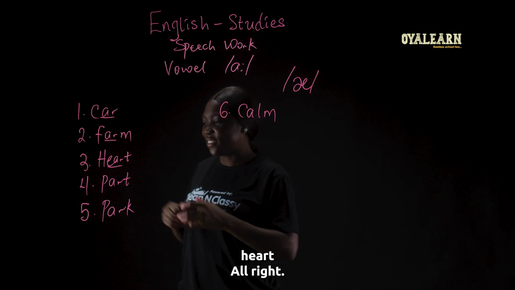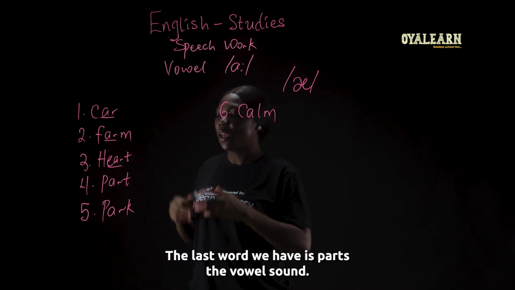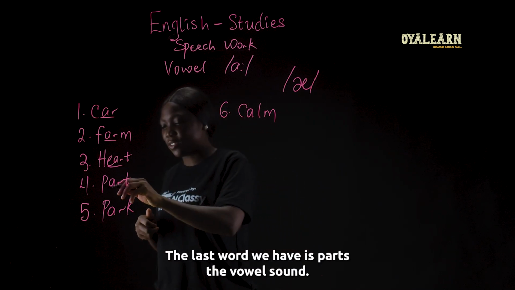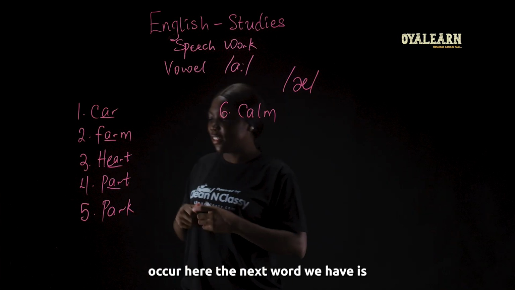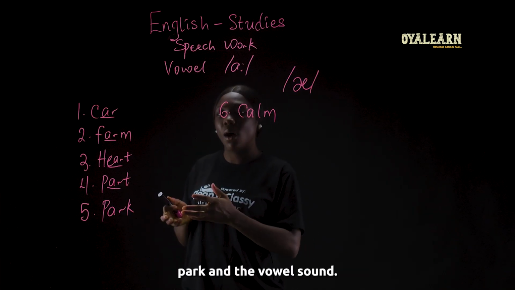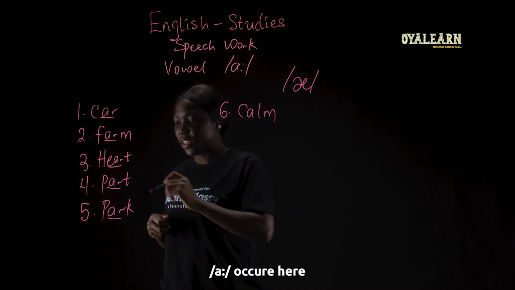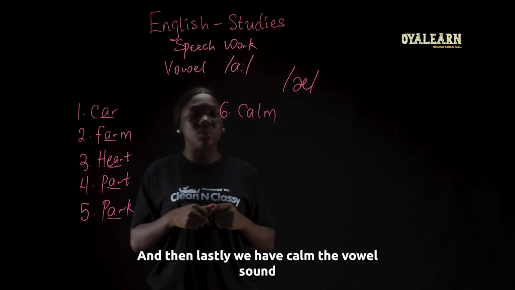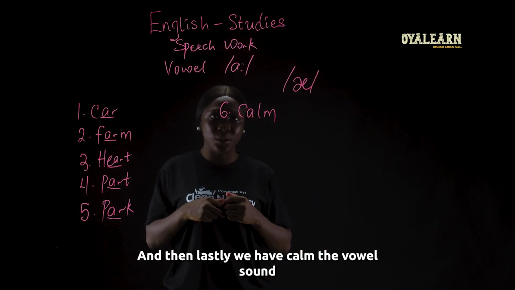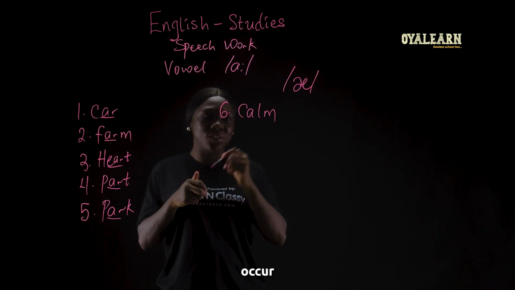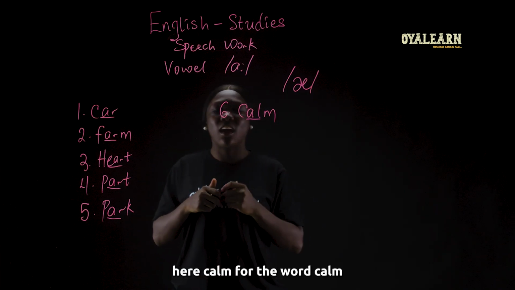All right. The next word we have is part. The vowel sound occurs here. The next word we have is park. And the vowel sound R occurs here. And then lastly, we have calm. The vowel sound occurs here.